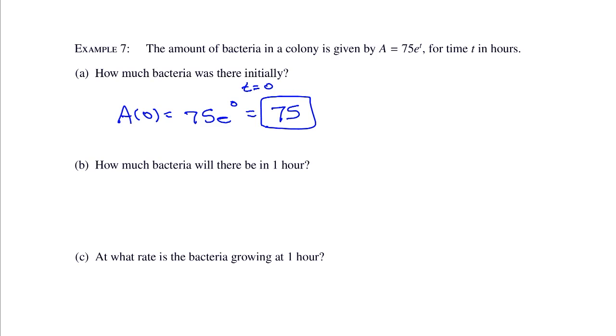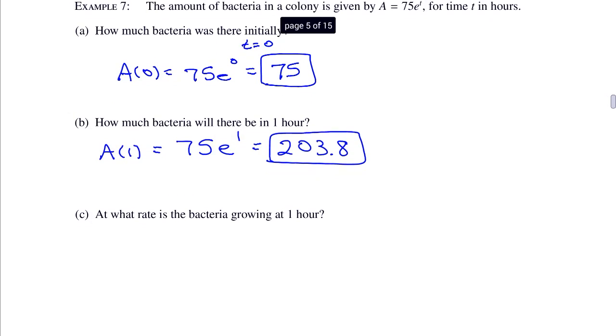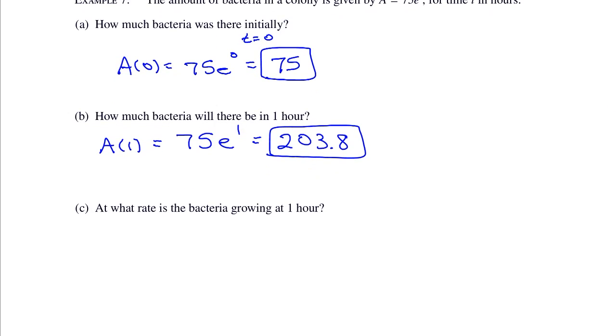How much bacteria will there be in an hour? That's A of 1. So that's 75 e to the first, which is 203.8. I'm just plugging that into the calculator. And then C, at what rate is bacteria growing at 1 hour? So if we want to know the rate, what do we need?